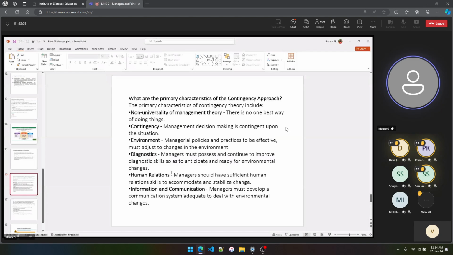Okay, they might have been highly qualified, with so many accomplishments through their education, but once it comes to practical implementation, if they are lacking HR skills, human relation skills, it will be difficult for them to work with any team or any group of people. Information and communication. Managers must develop a communication system adequate to deal with environmental changes.